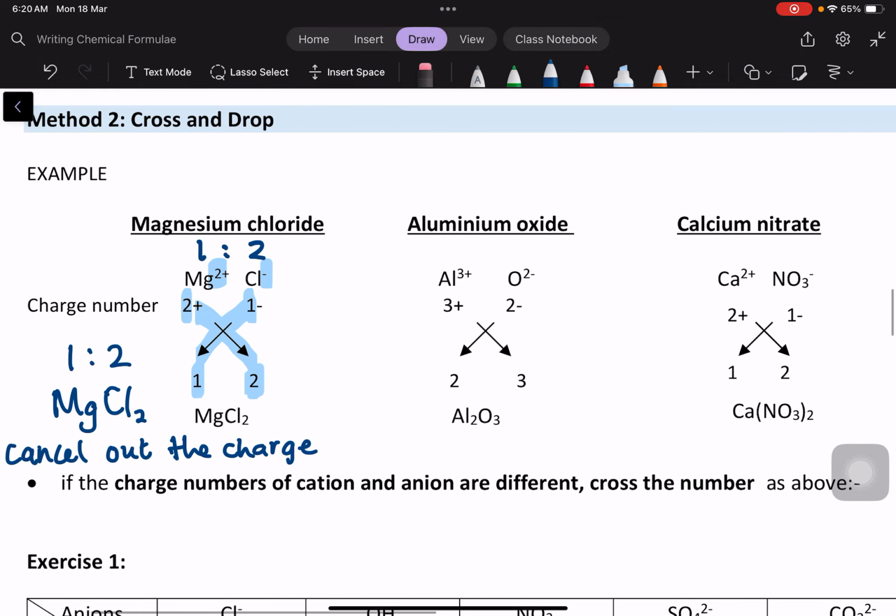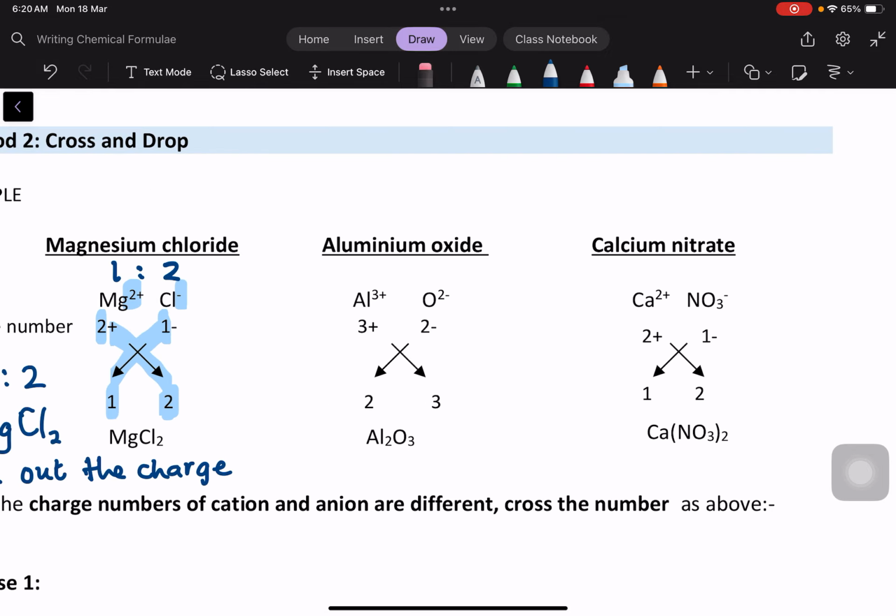Okay. Now again, let's look at another example, aluminium oxide. So you have aluminium 3 plus and oxide 2 minus. So as long as they are different numbers, what you do is you cross and drop. 2 from the oxide, cross and drop.